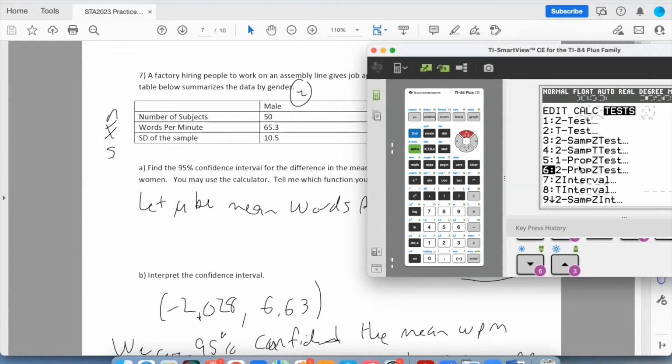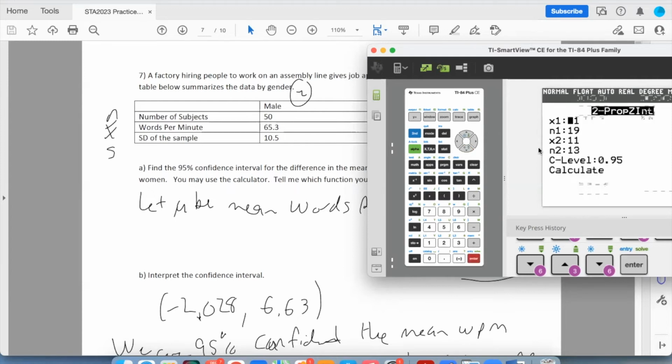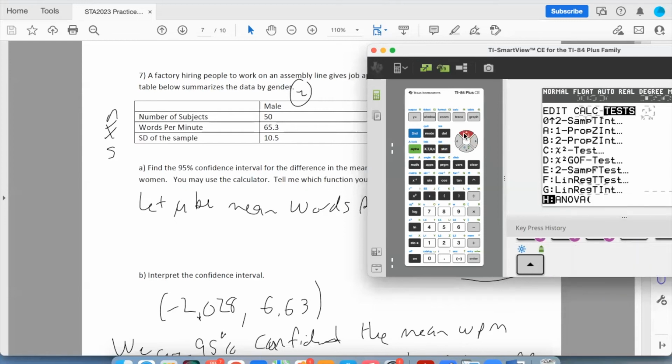Nope, that says prop. Definitely don't want that. What about button B? Let's even go in there. I don't have any X's or N's. I've got X bars and S's. That can't be right. You can almost kind of do this by process of elimination.